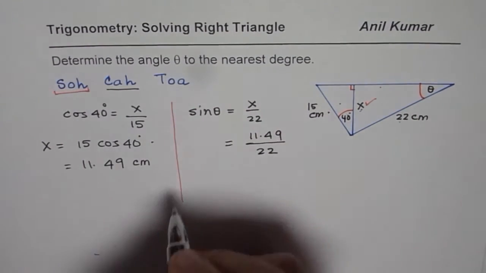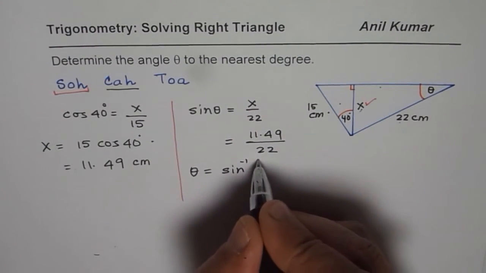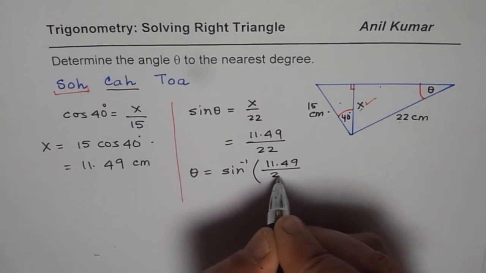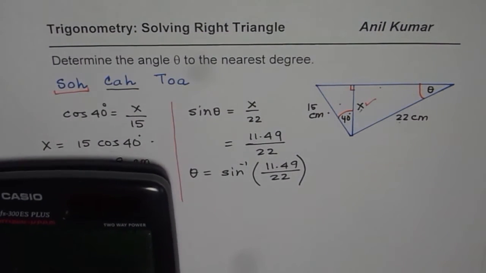So what is theta equal to? Theta equals sine inverse of 11.49 divided by 22, correct? So we can again use our calculator and find sine inverse.